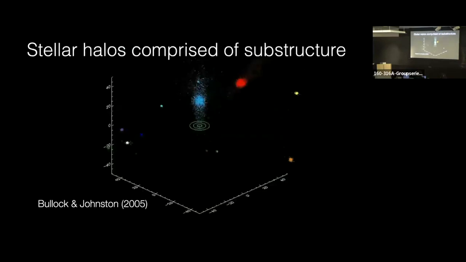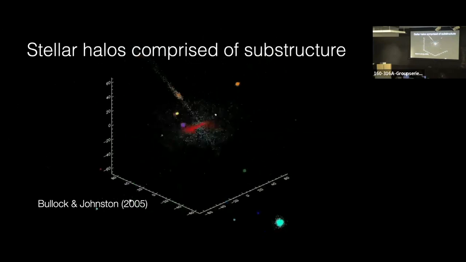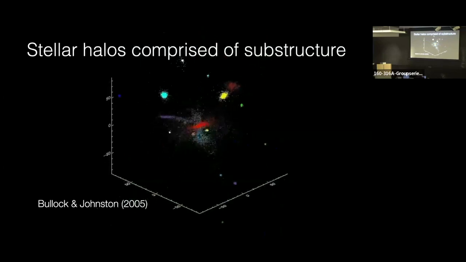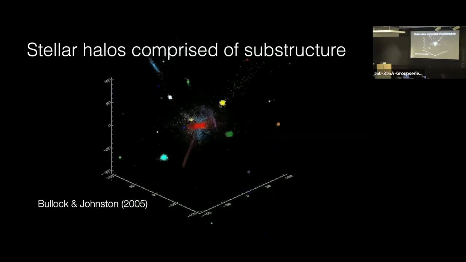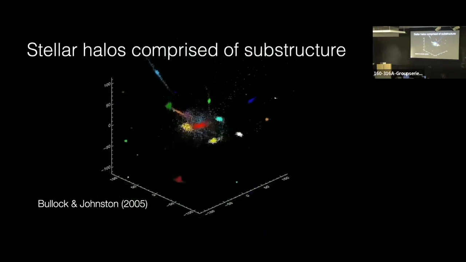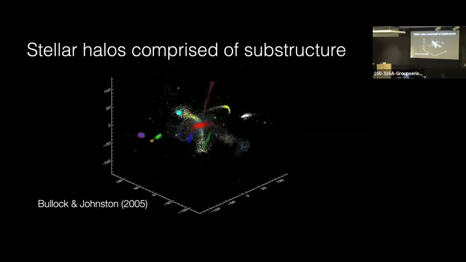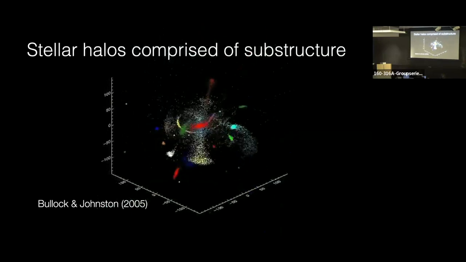But all this was interpreted with N-body models, and we know that stellar halos are comprised of substructure. This is not unique to Lambda CDM, but it is a nice thing that comes out of it. This is a visualization from the Bullock and Johnston suites, where they pepper individual dwarf galaxies to form a stellar halo that's comprised of substructure.